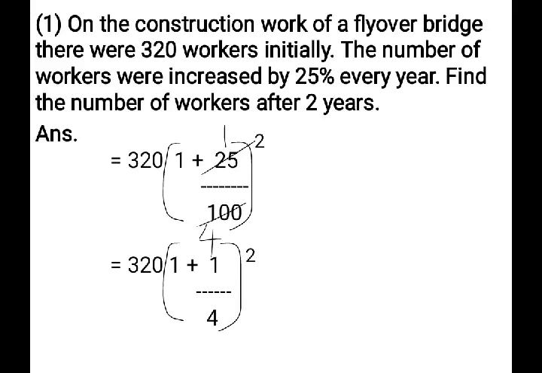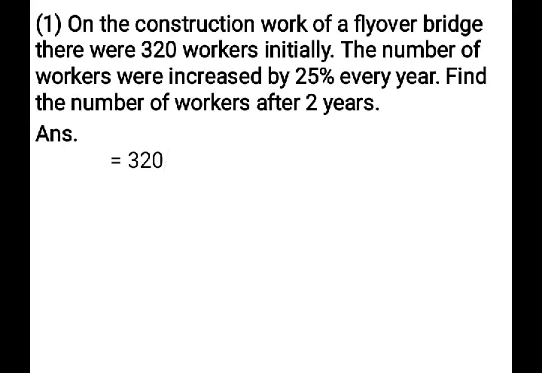Next step, you have to write cross multiplication form in the bracket. If you don't have any denominator here, take it as 1 and then write cross multiplication form. That is equal to 320 in bracket 4 into 1 plus 1 into 1 upon 4 raised to 2. Now next step, you have to multiply on the numerator after writing cross multiplication form in the bracket.